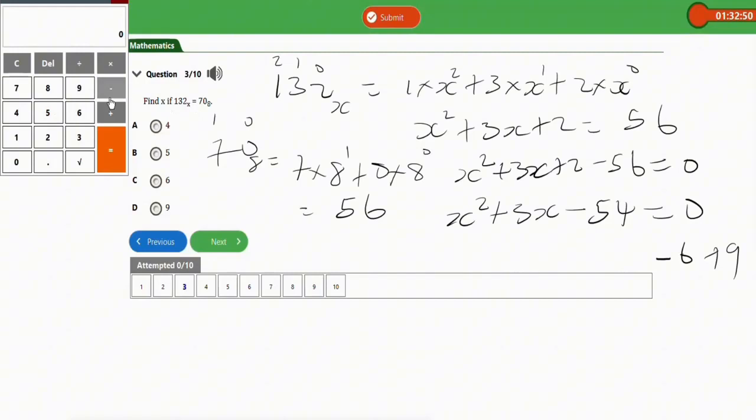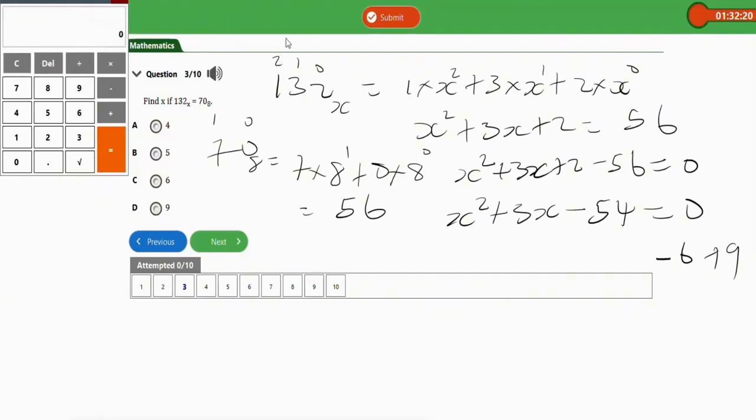When you punch on the calculator, minus 6 times 9, you're going to have minus 54. Remember, we're looking for two values that multiply to minus 54 and add to plus 3. So minus 6 plus 9 gives you plus 3. So these two values are good to go for the factors.